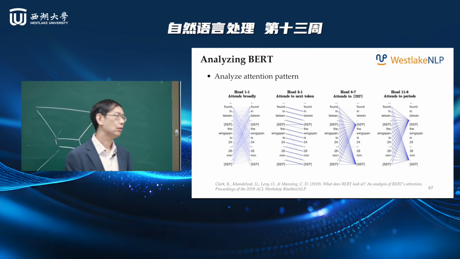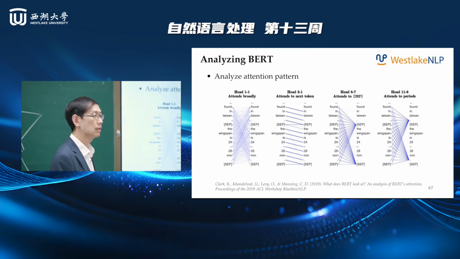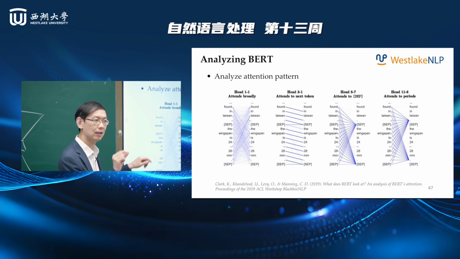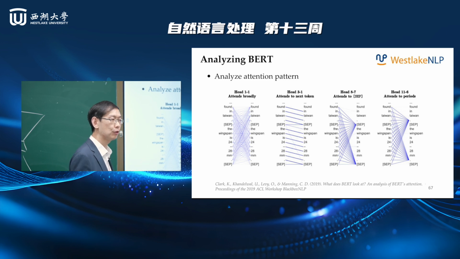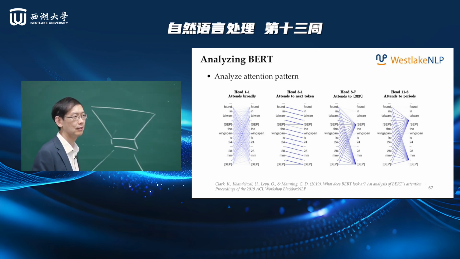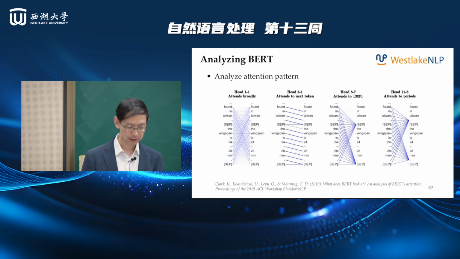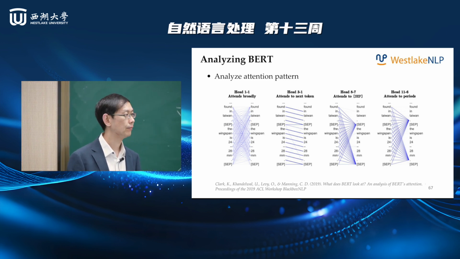And they quantitatively realize there are some syntactic heads, where a word looks at its dependent words, like subject-object. There are some semantic heads, which seem to be taking the predicate argument structure. And there are also some heads we can't interpret. So these are noisy heads.